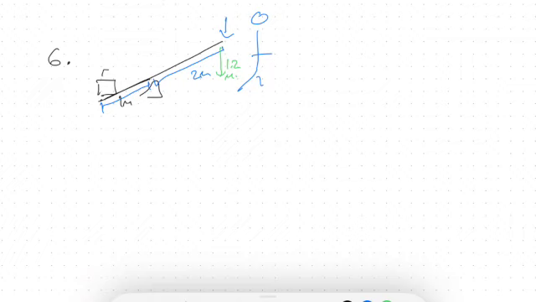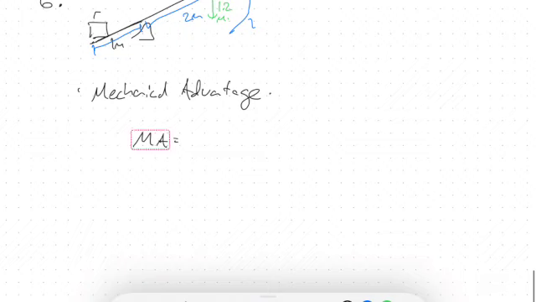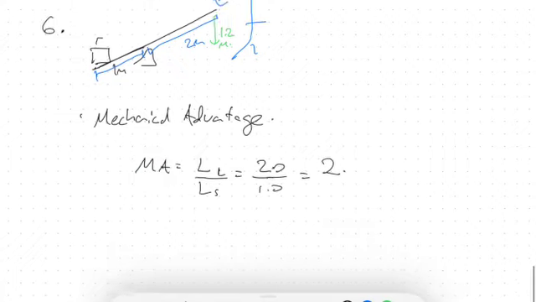Okay, the first question, how far does the rock move? So the topic of this is mechanical advantage. How this works is the mechanical advantage equals the length of the long side divided by the length of the short side, which is 2.0 divided by 1.0. So 2 is the mechanical advantage.